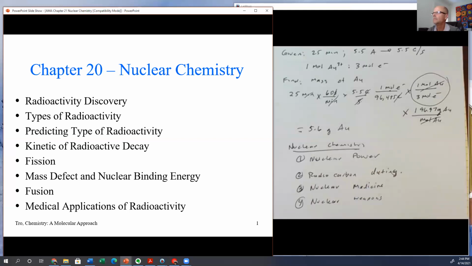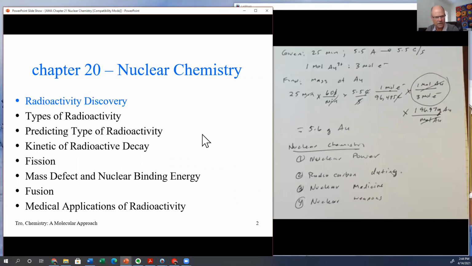Okay, so let's jump in here and we'll start talking about the discovery of radioactivity. The discovery of radioactivity was made in the late 1800s, right about the turn of the century.